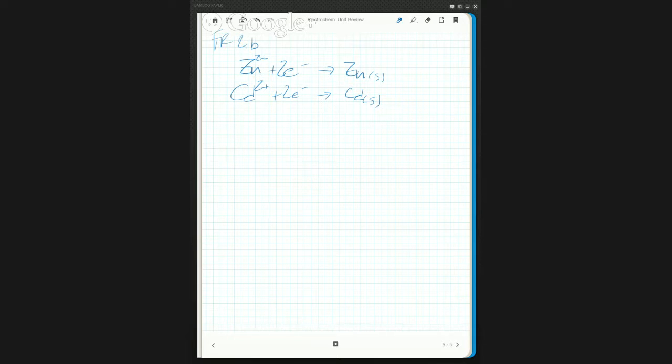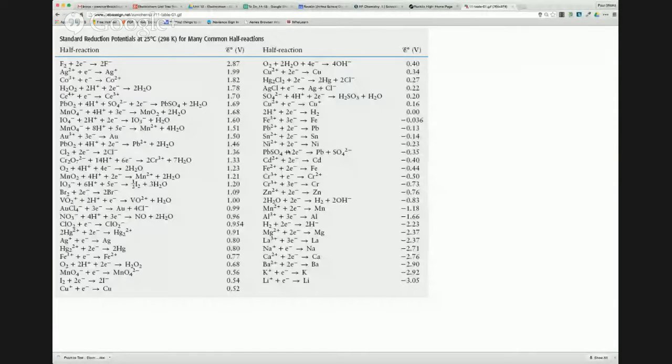So we want to compare them. Remember that whichever half reaction is higher is the reduction one. Okay. So we're comparing cadmium and zinc. And cadmium is right here. Cd2 plus 2 electrons gives you the negative 0.40.